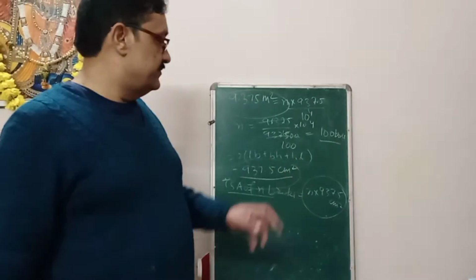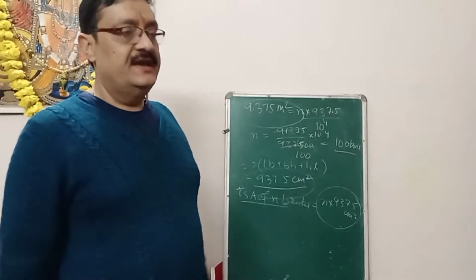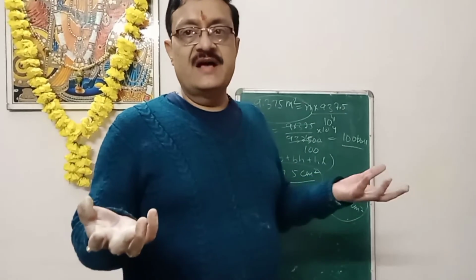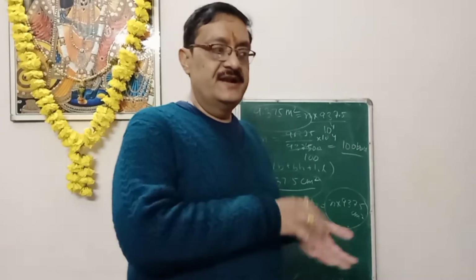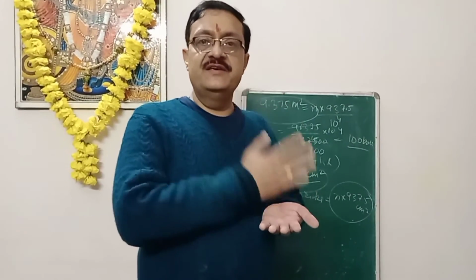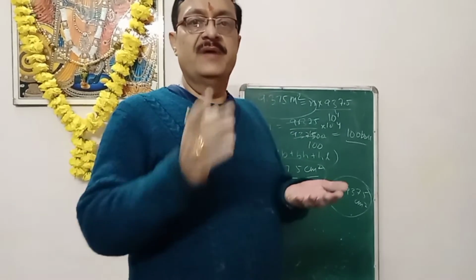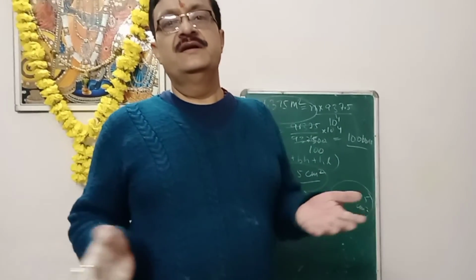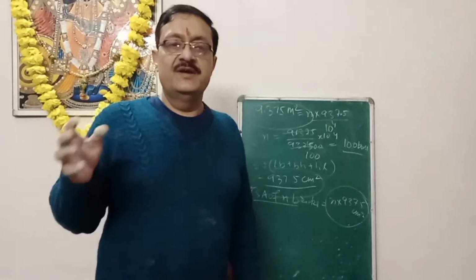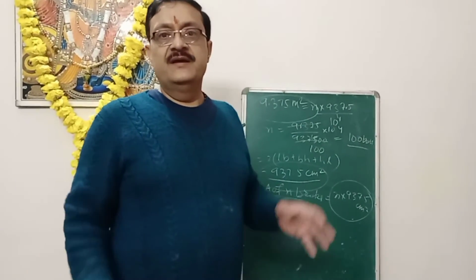I would again like to say, we have calculated the area of one brick. Then we have assumed that n bricks are getting painted out of that paint. So we multiply the area of one brick by n, and we get the total area of all the bricks which can be painted out of that paint.